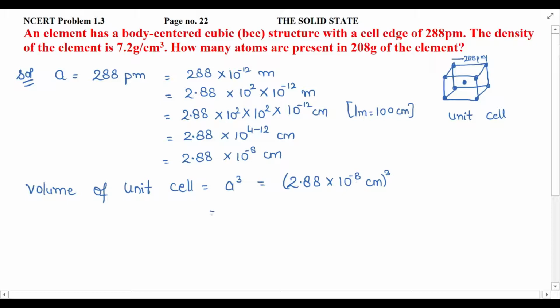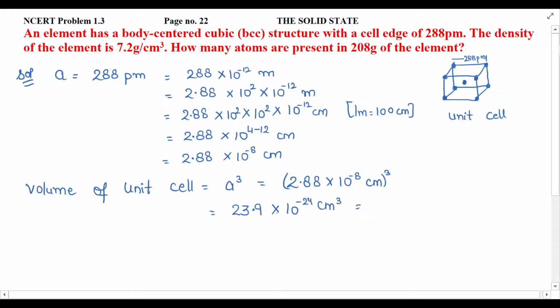So when you'll do the cube of this value, it will be 23.9 into now cube of 10 raised to power minus 8, that will be minus 8 into 3, 10 raised to power minus 24 centimeter cube.